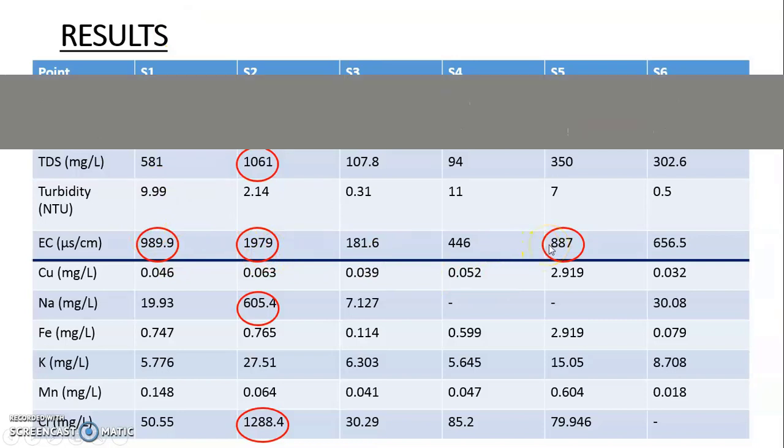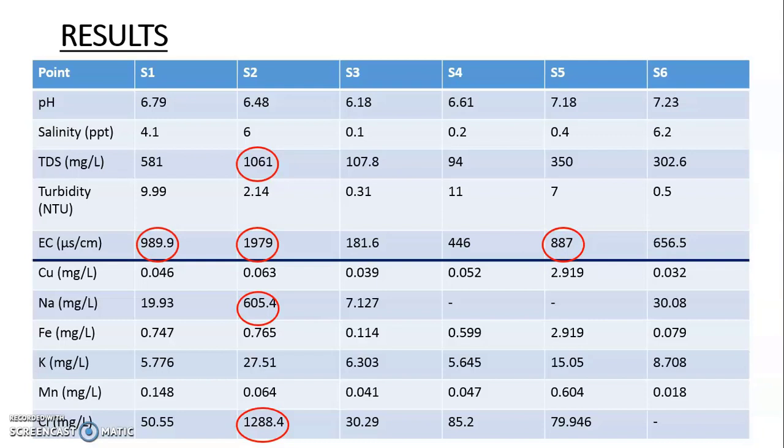Simply put, the EC value is the salt concentration in solution. An EC value of more than 1000 is considered an area that has seawater intrusion symptoms. For the total dissolved solids, TDS, value in sample 2, it has a value of 1061 milligrams per liter of water.